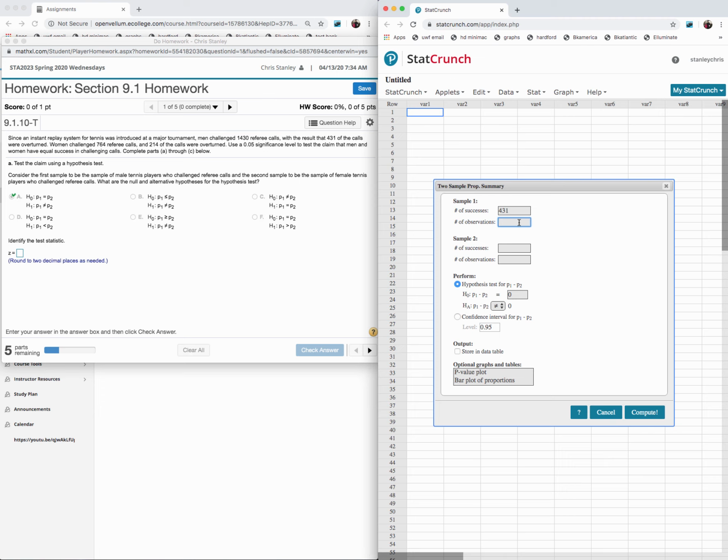So men challenged 1430 and 431 were overturned out of 1430. Okay, for the females, they challenged 764 and 214 were overturned out of 764.